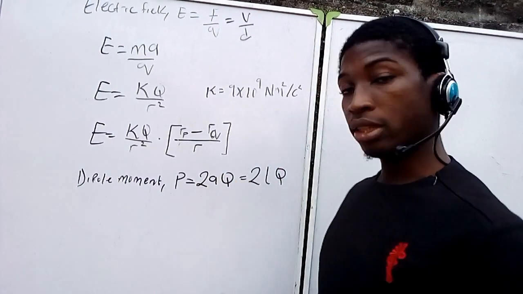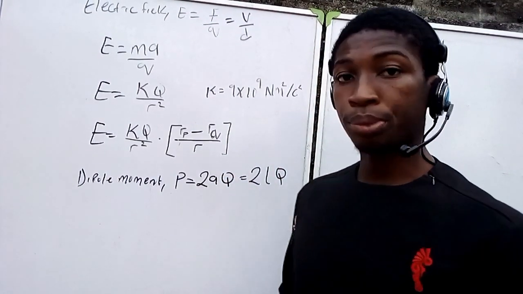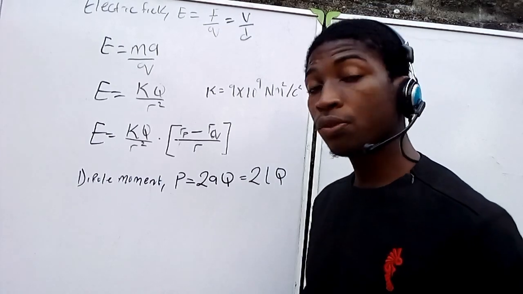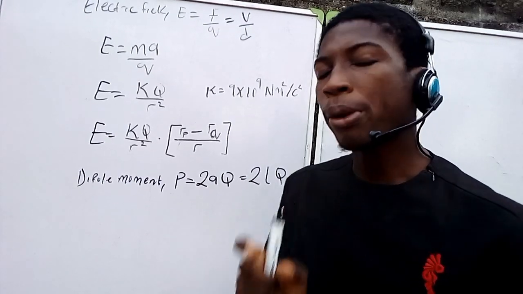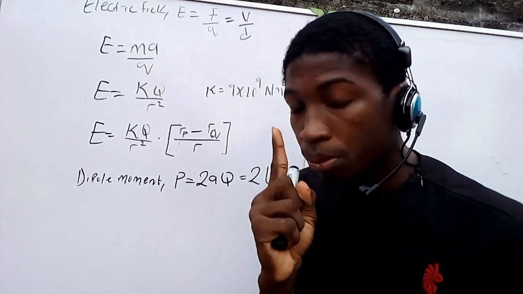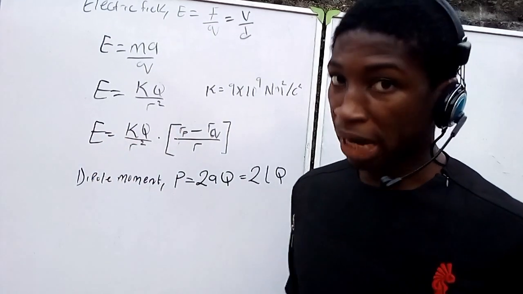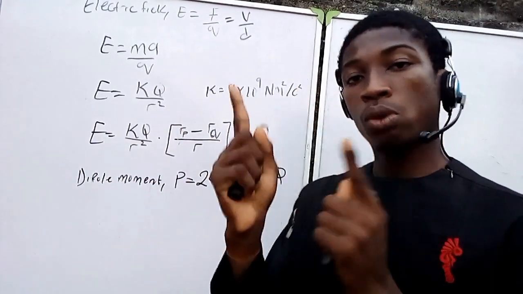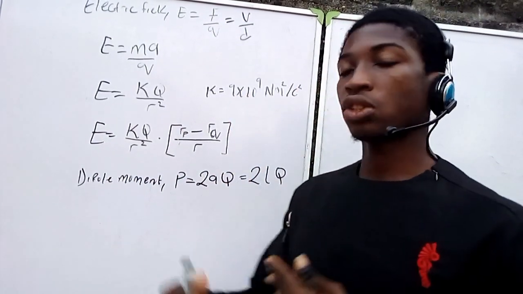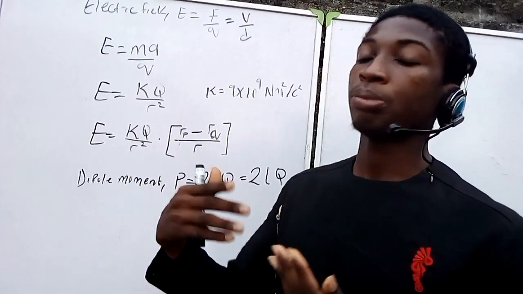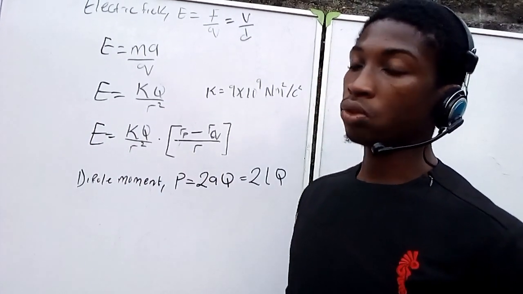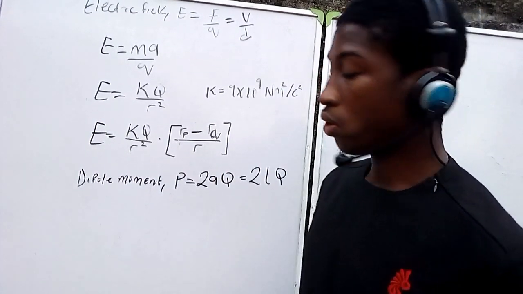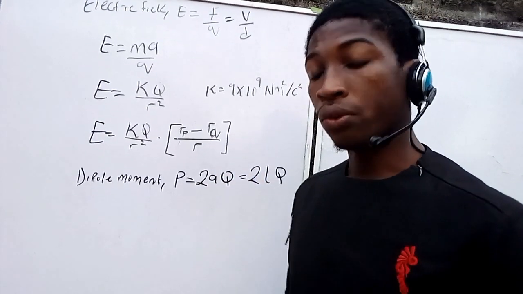This is the dipole moment, twice the distance of separation of two charges. They'll give you two charges in a question, where you pick just one charge, because those two charges are equal in magnitude. Then they'll give you the distance of separation. You now multiply that distance of separation by 2. Remember to convert everything to standard units. So this is how it's written.